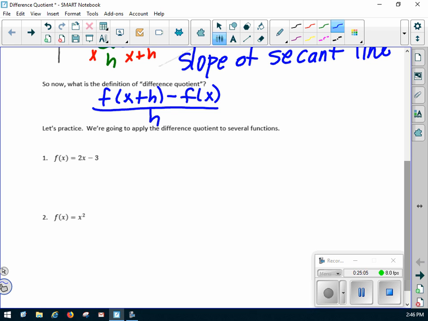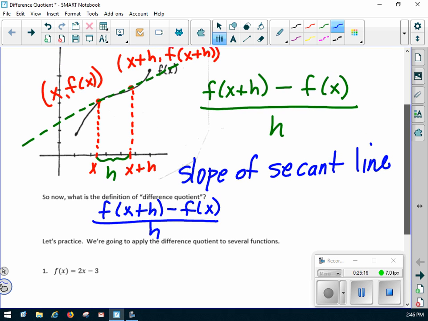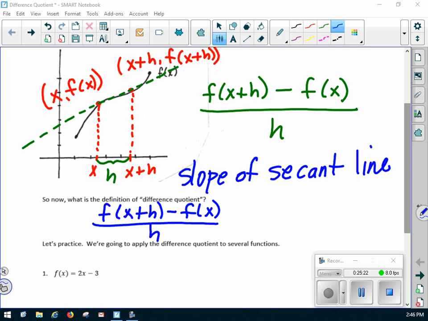Now, all we're going to do is that formula. That's all we're going to do, okay? But I want to give you a little taste of calculus, all right? What we'll talk about in calculus is this. What if I make h smaller?